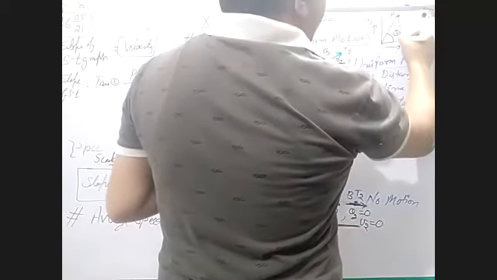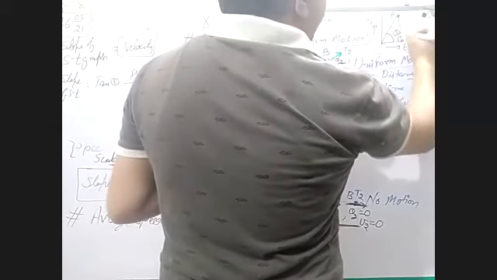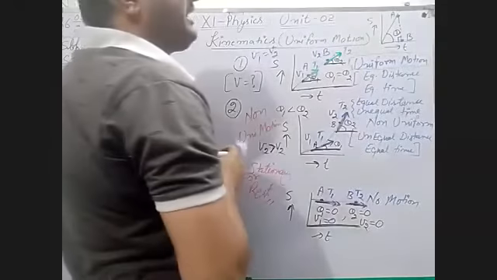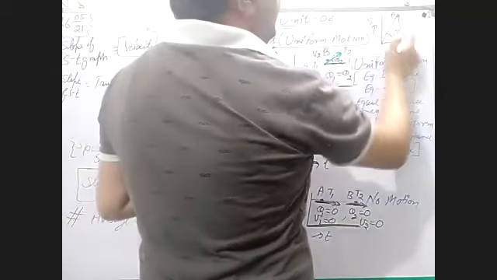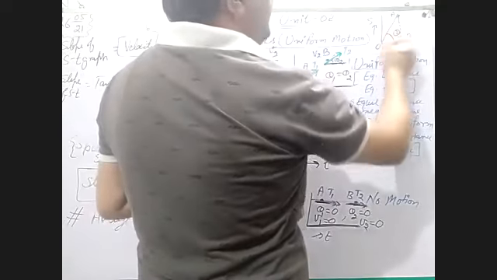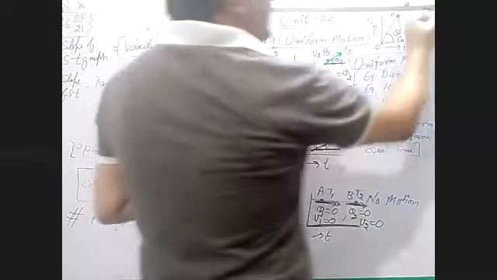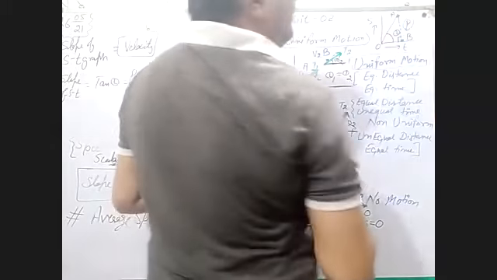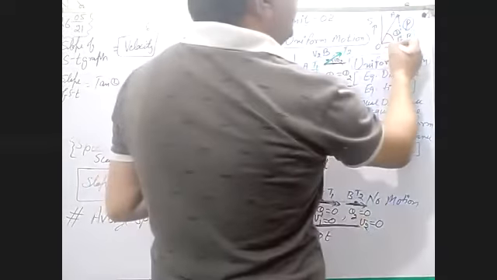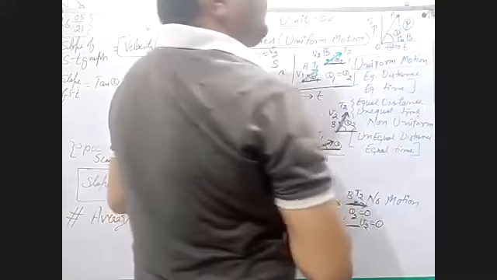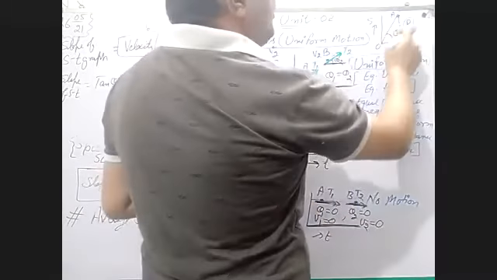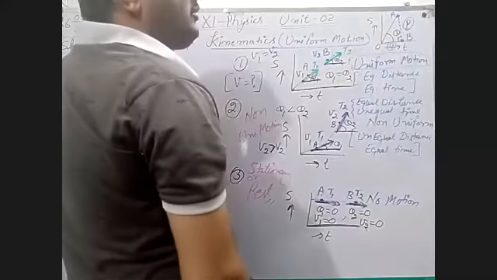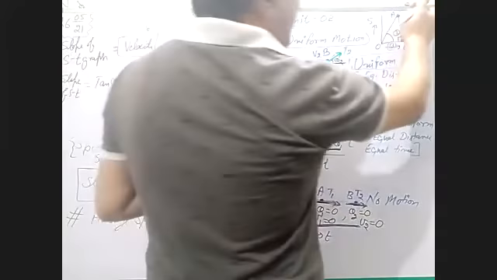From there, draw a perpendicular at T, and now a right angle triangle is there, OAB. Here this represents the perpendicular, and this one is the base. Now, perpendicular upon base is equal to tan theta.